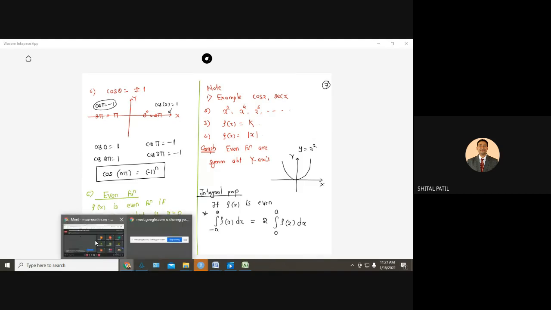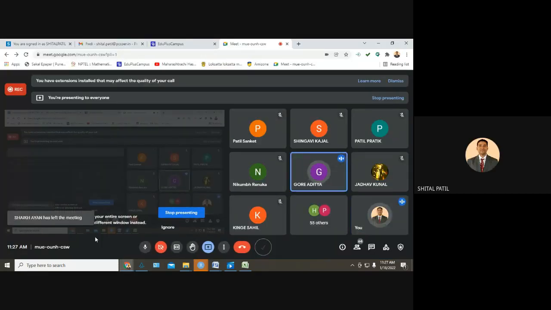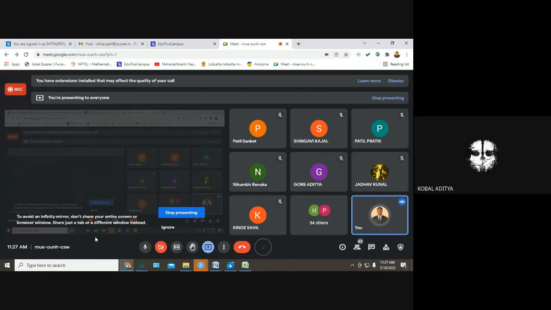64 are there. So how many are absent? 2, 3 are absent. Instead of taking everyone's attendance, it will be better to take attendance in this way. Roll number 13, present, sir.